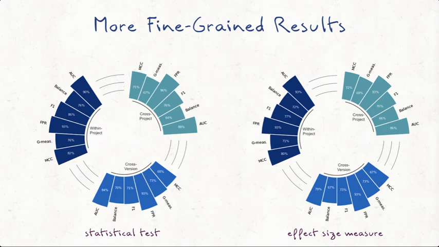According to the Wilcoxon test, the rank disruption ranges from 76% to 93% when evaluating the within project scenario, from 68% to 93% in the cross-version scenario, and from 64% to 96% in the cross-project scenario. And very similar observations also hold when analyzing the rank disruption based on the effect size measure.